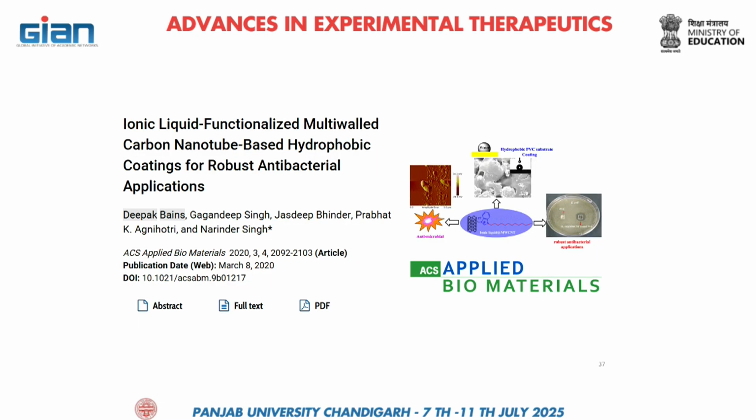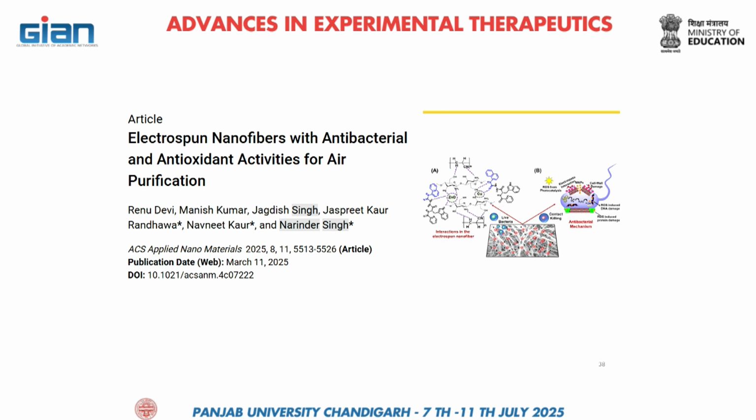With the same type of material, on one side you can attach some entity like CNT, and after that you can give organic cation and a long chain, and you will expect a different type of activity out of this. So very recently, this is the work. The previous work was like that. For example, this is the surface.